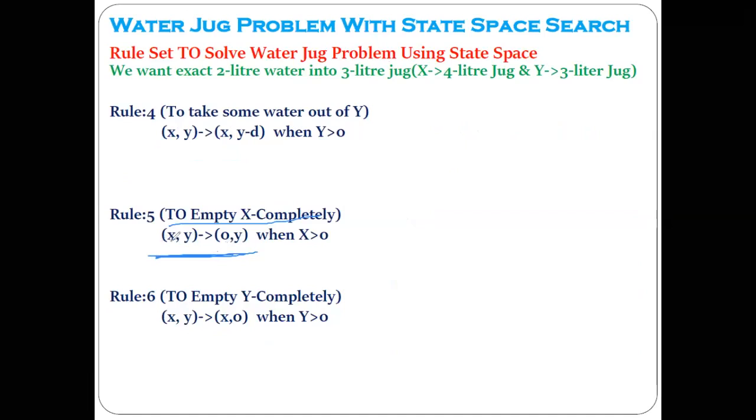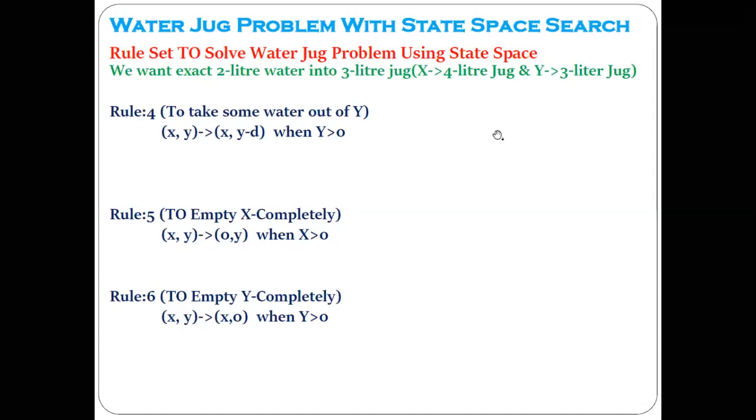It means whatever water was there in the x, we'll pour it on the ground or somewhere else, but we will not pour it into the y. This is the important thing here. The water from x will be poured anywhere, but not into the y, and that's why we'll get the situation like this: x comma y implies 0 comma y, and the condition is that x must be greater than 0.